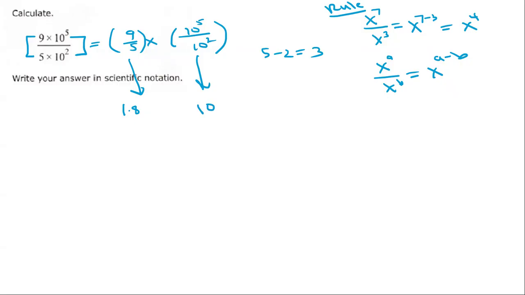So the answer here will be 10 to the third power. And I just put the multiplication in the middle. Now, since there's only one number in front of the decimal, I don't have to worry about moving it. Okay, so I leave it alone. So my answer is 1.8 times 10 to the third power.